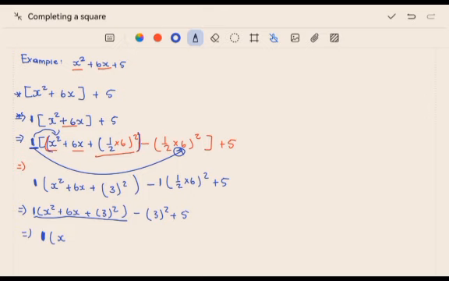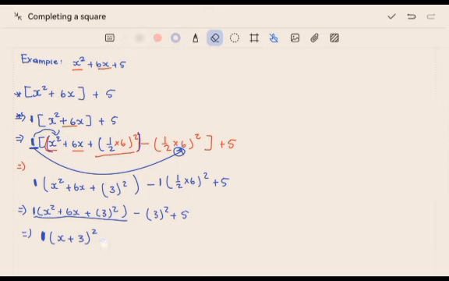So you write that term as is. If it's negative, you're going to say minus 3. If it's positive, you write positive 3. So in our case, inside that bracket that is squared, it's positive 3. So it's plus 3, and then you square it, and then you solve what is outside your bracket.